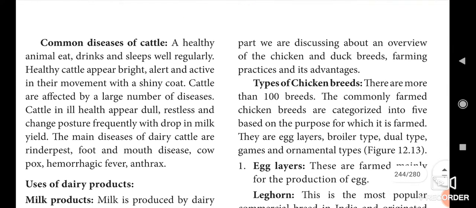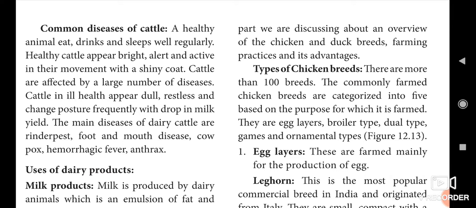So first, the types of chicken breed. There are more than 100 breeds. The commonly farmed chicken breeds are categorized into 5 based on the purpose for which they are farmed. They are egg layer, broiler type, dual type. Like we already saw with the cattle, the cattle are classified into 3 types. What are they?